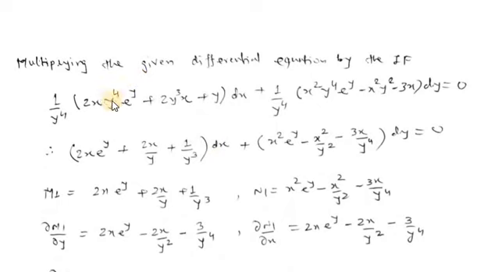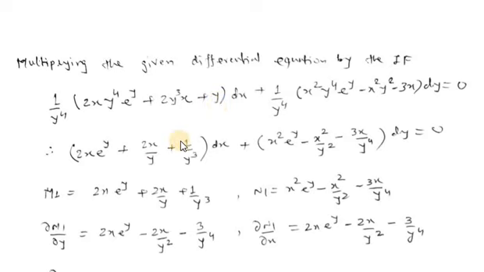Now multiplying the given differential equation, that is this one, by 1 upon y raised to 4. So dividing each and every term by y raised to 4 and simplifying, we have this result, right? You can see that y raised to 4 will cancel out. The result is 2x e raised to y. Here is y cube, here is y raised to 4, so the result is 2x by y.